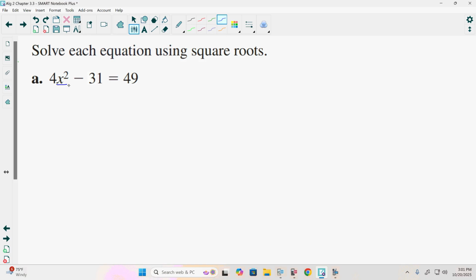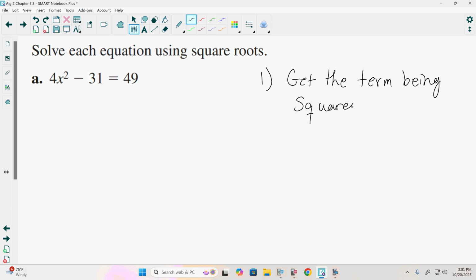Now the square root method, first step, because we can use it here because the only variable we have is the x squared, is to get the term being squared by itself.